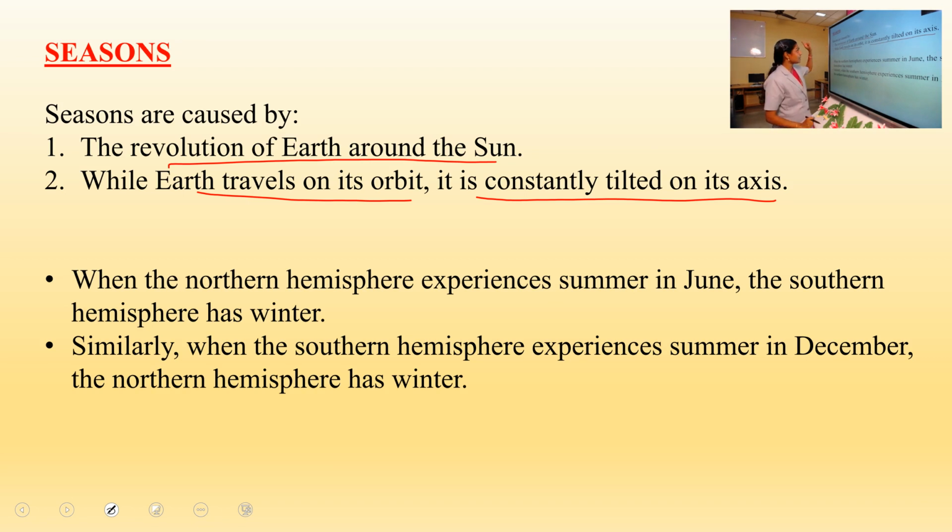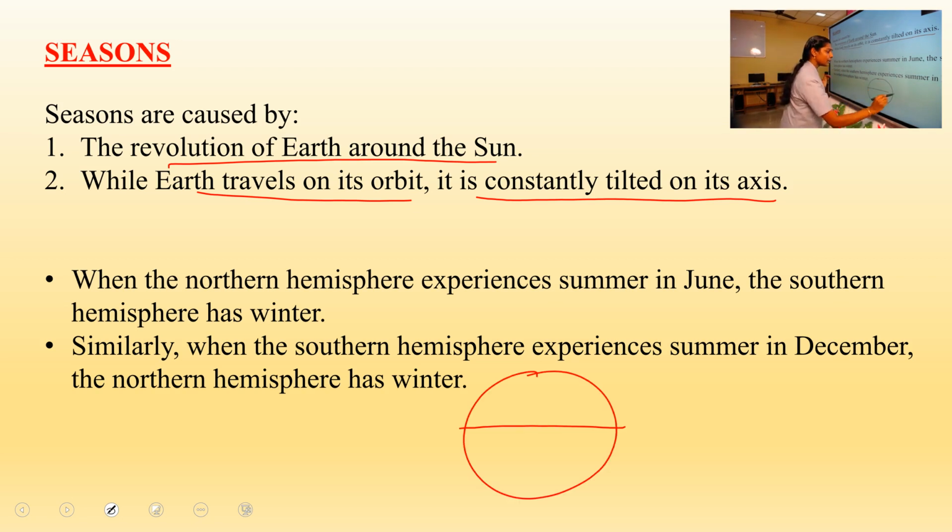So two reasons are there. One, the revolution of the earth around the sun, and the second is, while the earth travels on its orbit, it is constantly tilted on its axis. When you have studied about the northern hemisphere and the southern hemisphere, you are familiar with that. The earth is divided by the latitude called the equator.